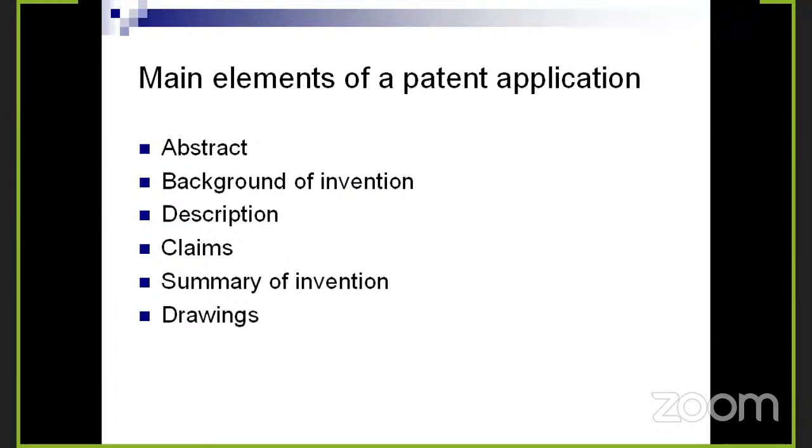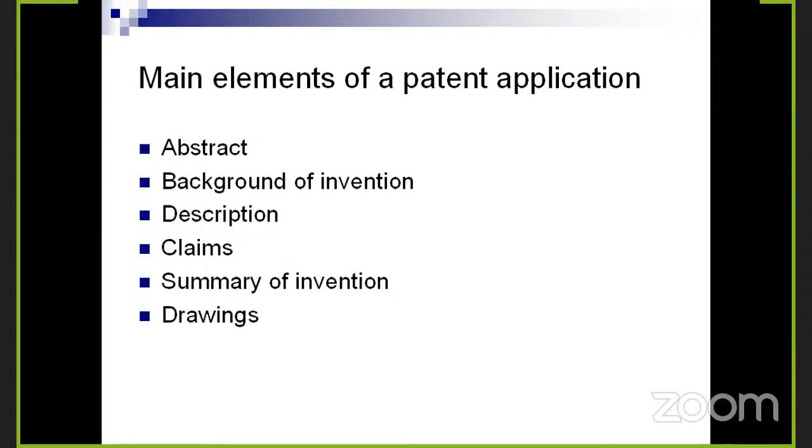Why? Because when patent applications are filed and later have to be assigned by the patent office to different examiners, they generally just look at the abstract and try to find out which is the technological area, and accordingly they assign the patent to the examiner who is skilled in that particular area.